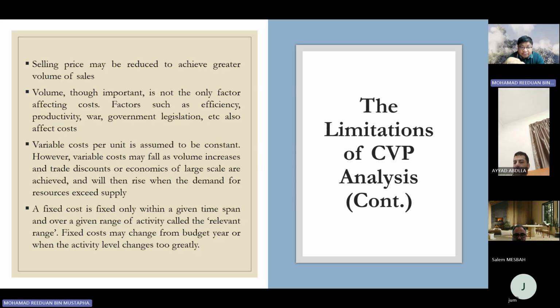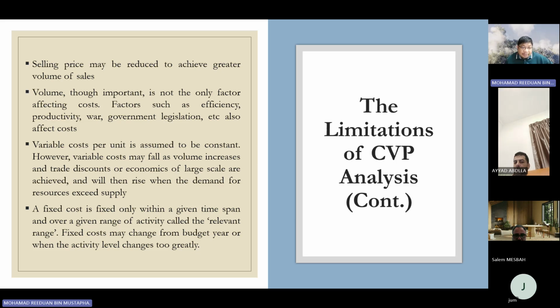Variable cost per unit is assumed to be constant. However, variable cost may fall as volume increases, with trade discounts or economies of large scale, and then rise with the demand for resources as supply becomes scarce.